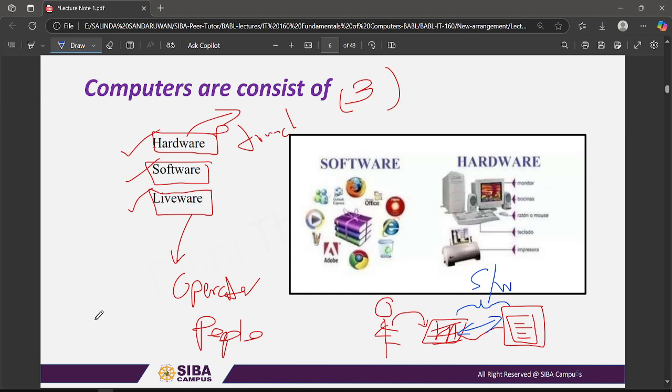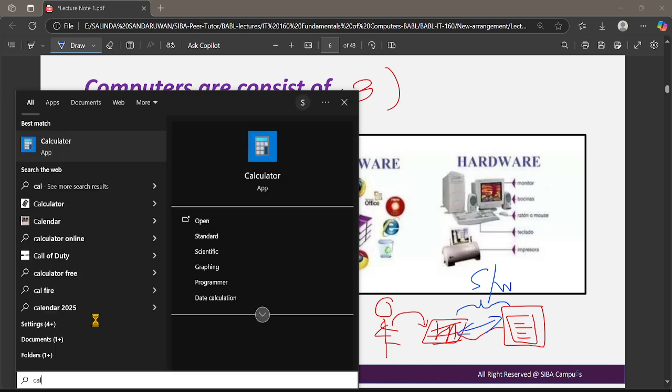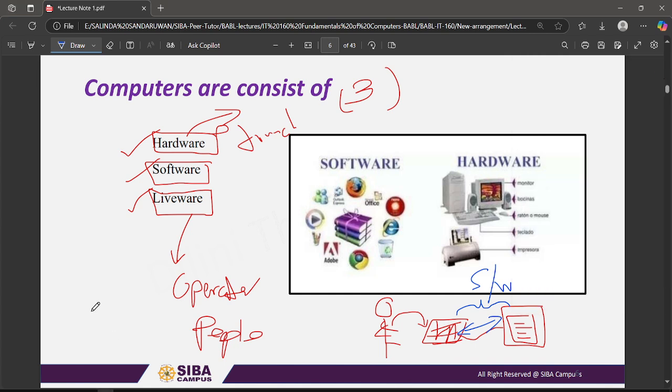Imagine the calculator software, which is used to calculate. If you use the Word software, you can draft letters and make small posters.